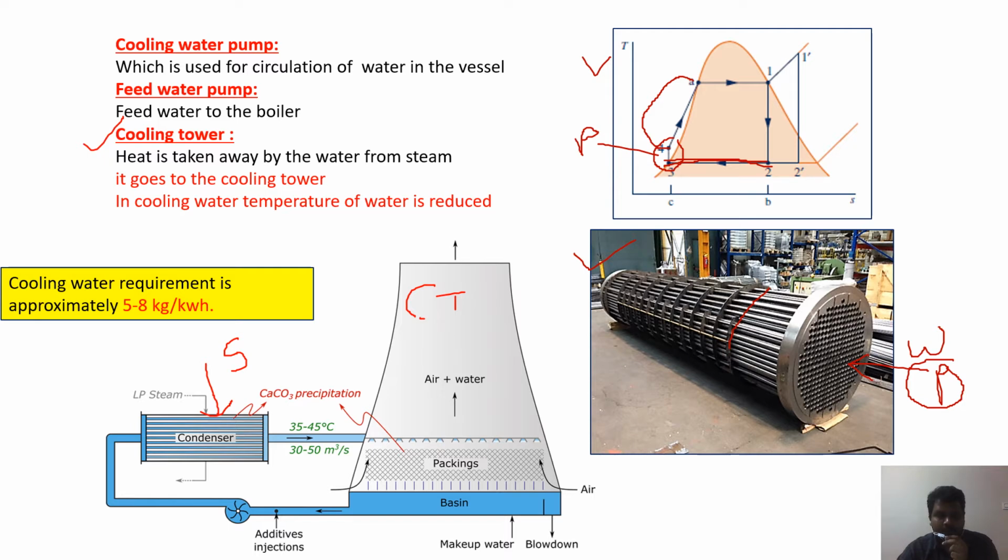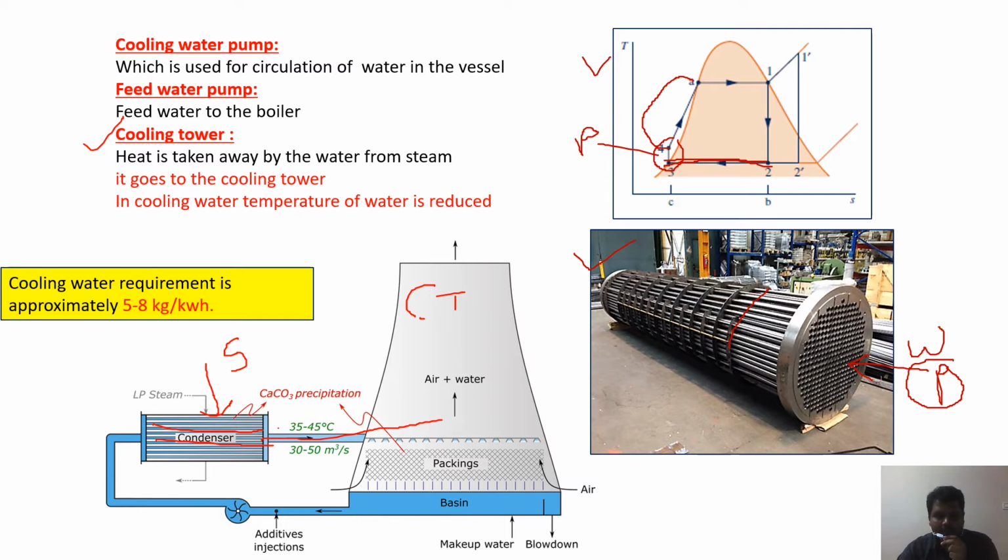So the temperature of the water inside the tubes will increase, and it will come out from the condenser. But instead of sending it out, we send that hot water into the cooling tower.